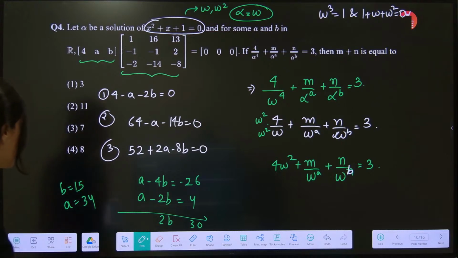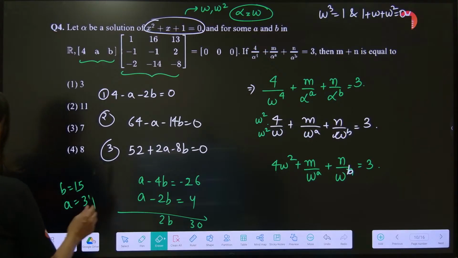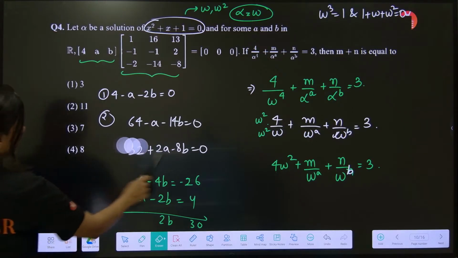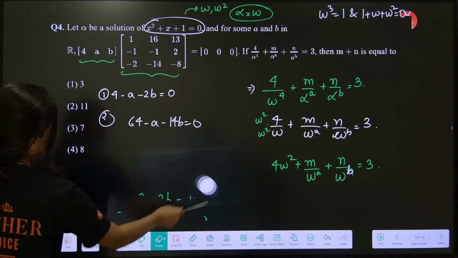I am doing something wrong. I think I should stick to just these two things.